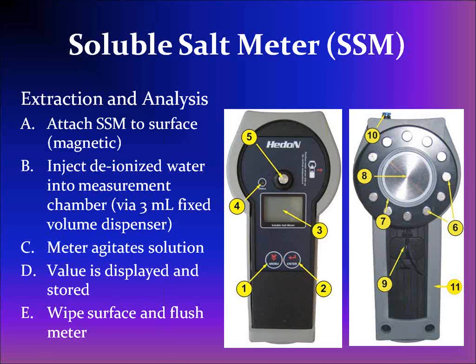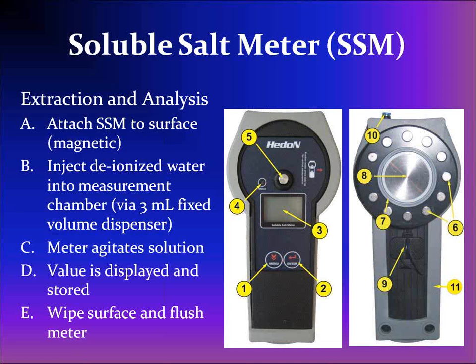The soluble salt meter is a handheld automated method for extracting and detecting soluble salts on flat surfaces. Newly designed instrument heads allow for measurement on curved surfaces. Since the meter is attached to the surface using magnets, as indicated by the number 6 on the slide, its use is limited to carbon steel surfaces. The measurement area is circular and is fixed at 1,250 square millimeters.